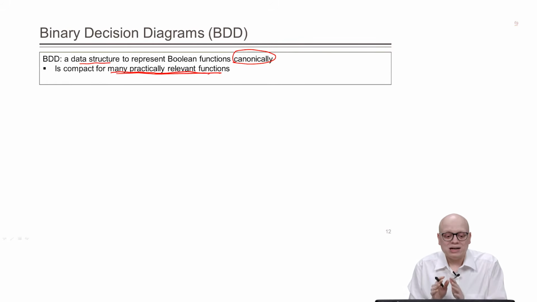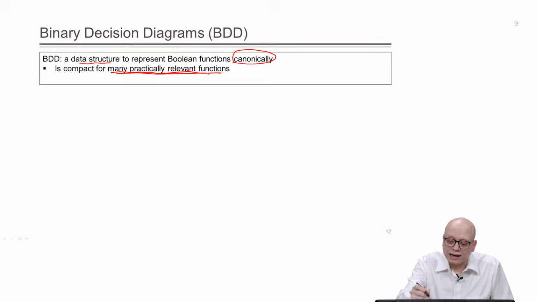We will see for which cases it is not compact, but BDD is a canonical representation, and it is compact for many useful functions.